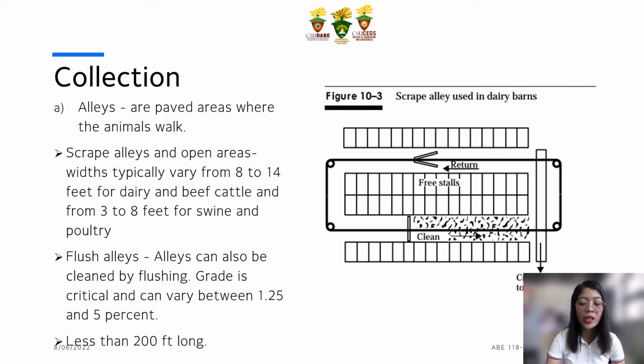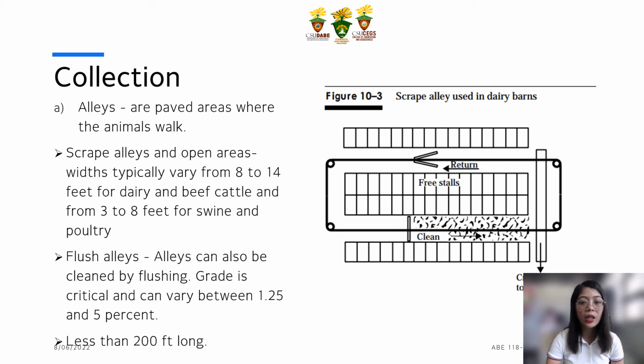So the manure is collected through flushing and scraping of the alleys. So in scrape alleys and open alleys, there are two types of scraper to clean alleys, like what is shown in the figure, a mechanical scraper, and it is dedicated to a given alley.